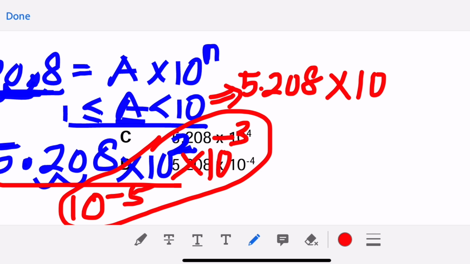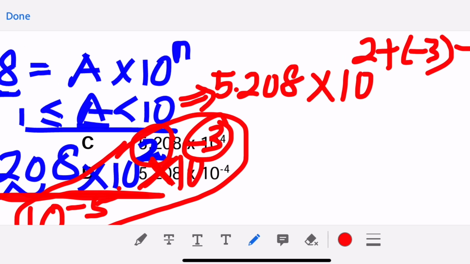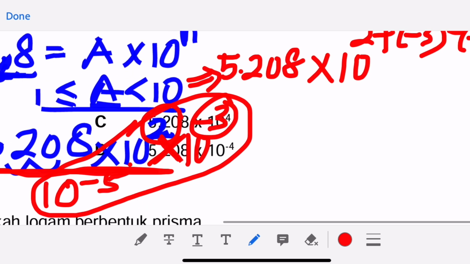When you multiply, we always add: 2 plus negative 3. When you divide, we have the minus, minus the negative 5. Be careful, it's minus negative 5.